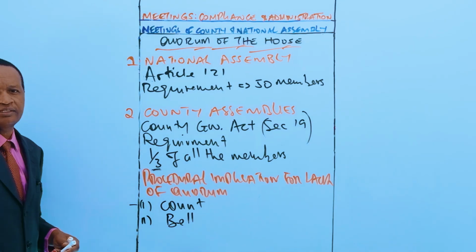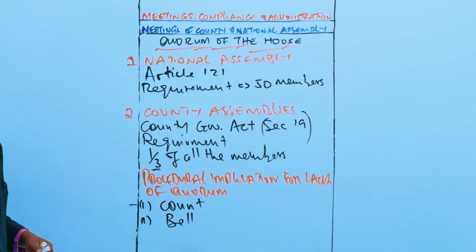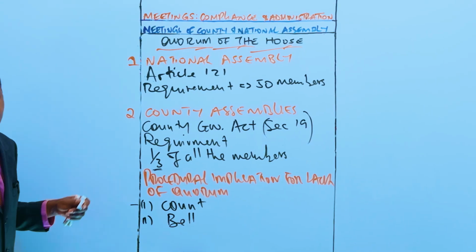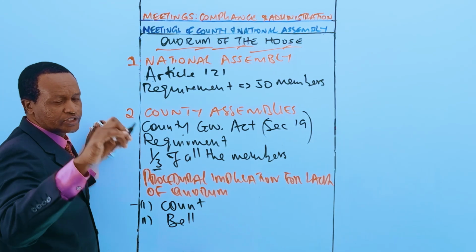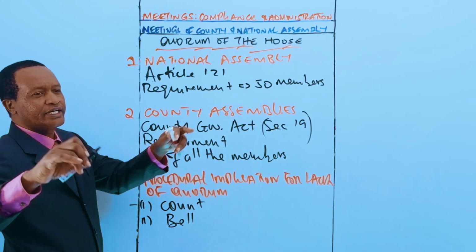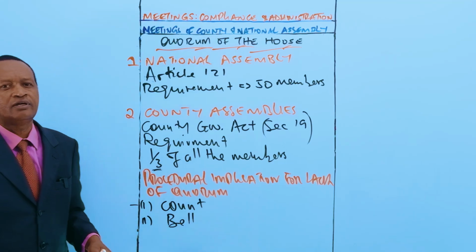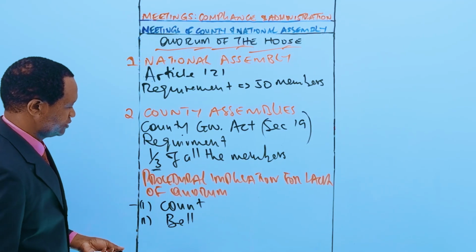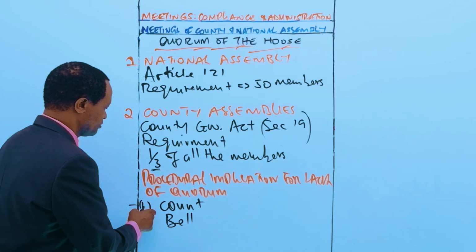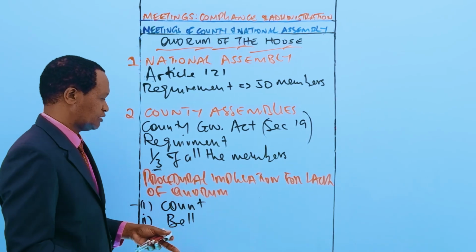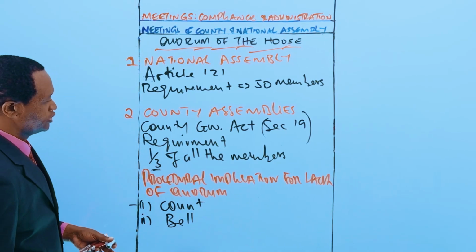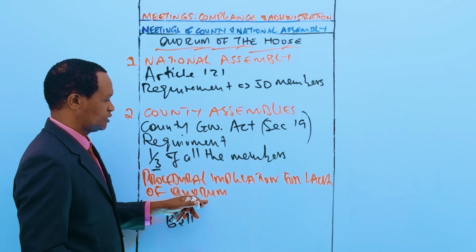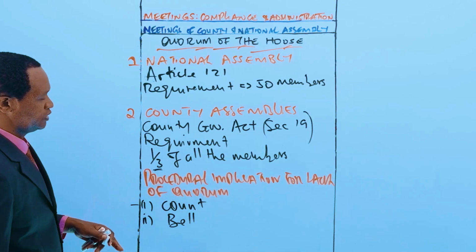If a quorum is not present after counting, then the division bell is rung to summon members from other areas within the parliament or within the assembly building, to alert members who are around to come in so that the quorum is reached.